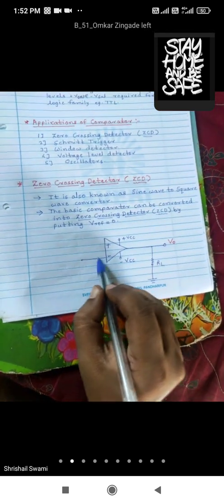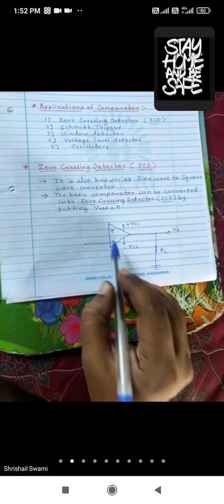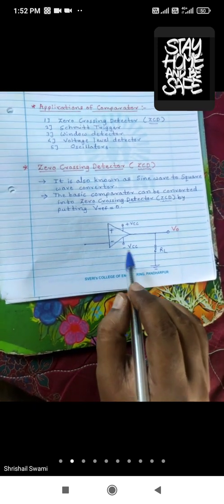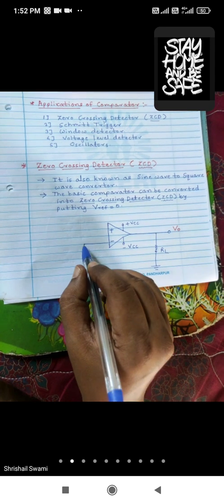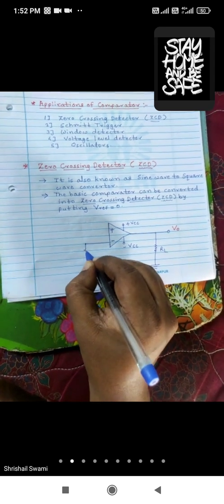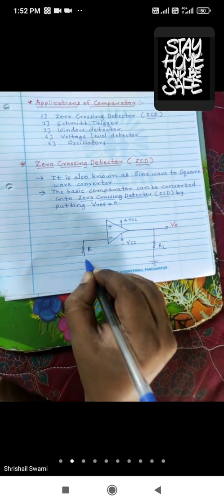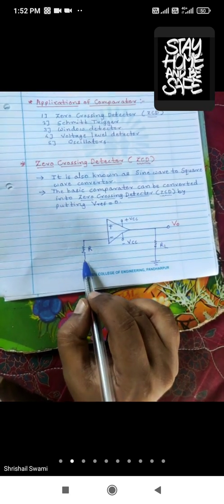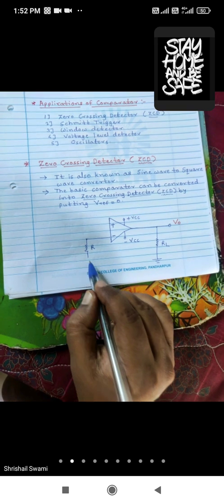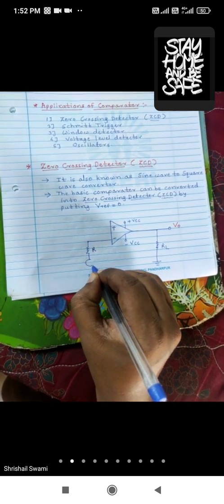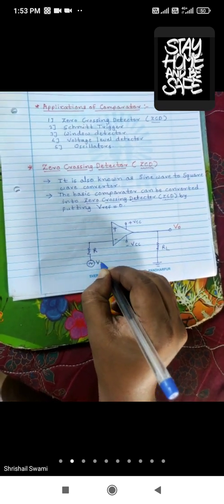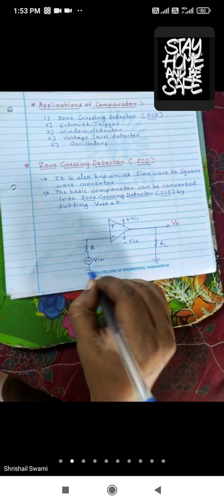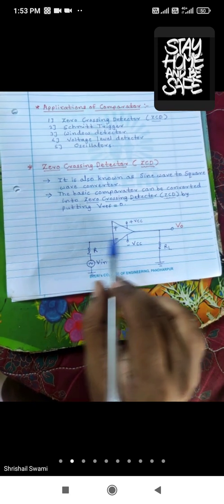Now suppose this is the inverting comparator which can be converted into ZCD. There is one resistor here, the resistor value is R. Now if inverting comparator is there, the input voltage Vin is connected here. So it is called inverting comparator.